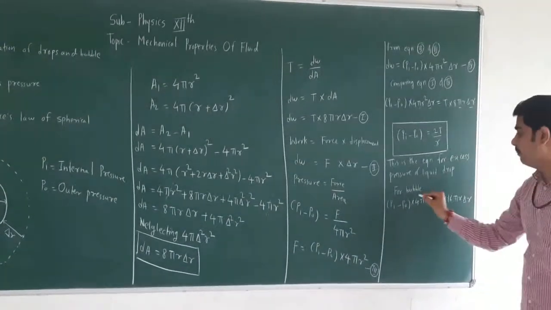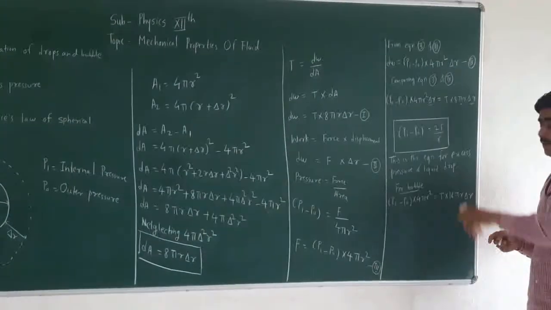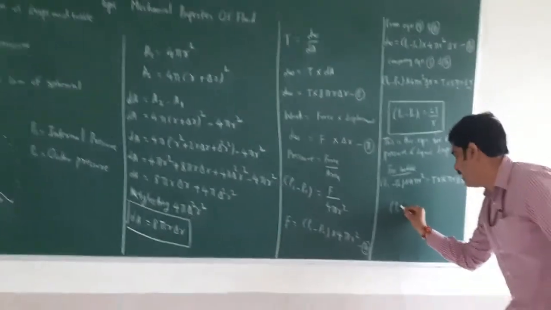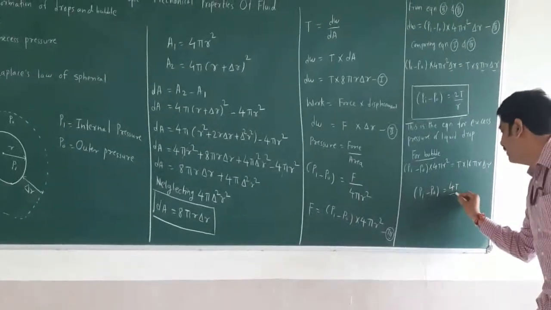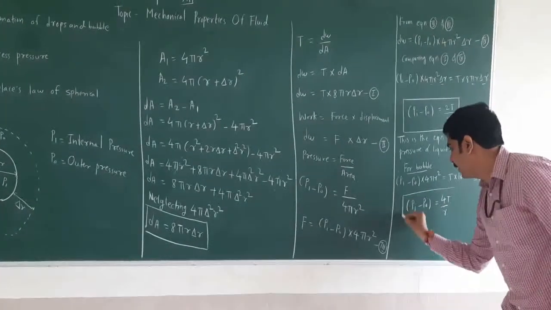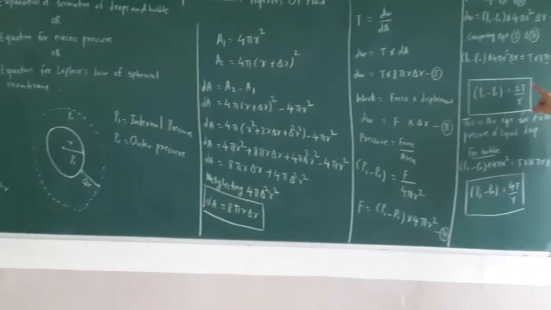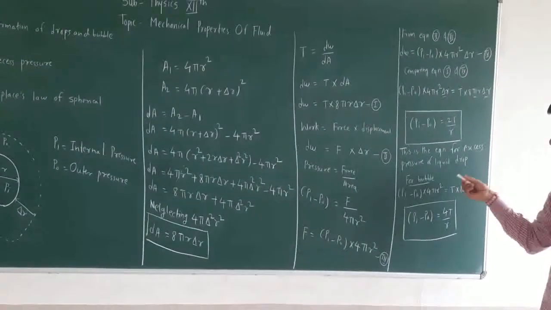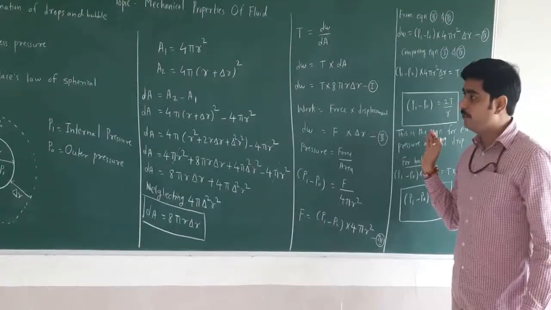Because for the bubble there are two surfaces in contact. So 8 becomes 16, and after solving this we can write Pi minus P naught is equal to 4T upon r. So excess pressure for a liquid drop is 2T by r, and for a liquid bubble it is 4T by r. So this is the formula which we have derived.